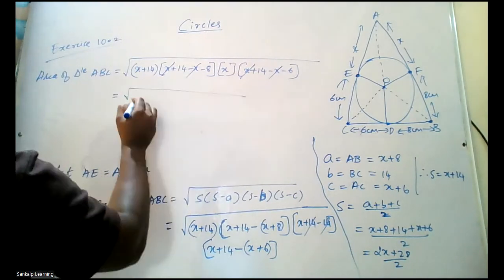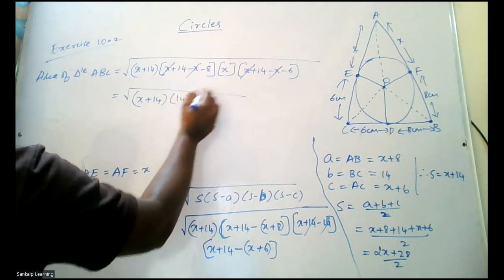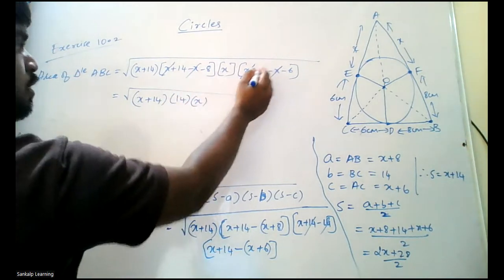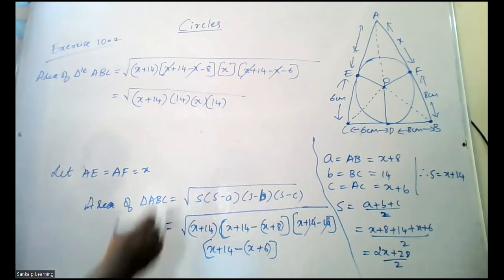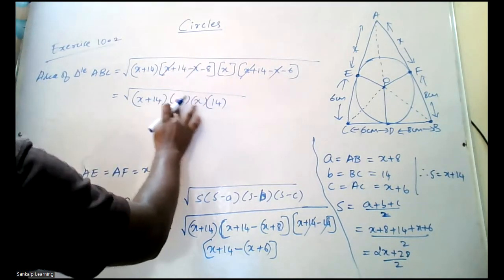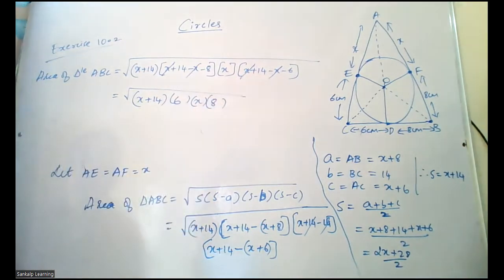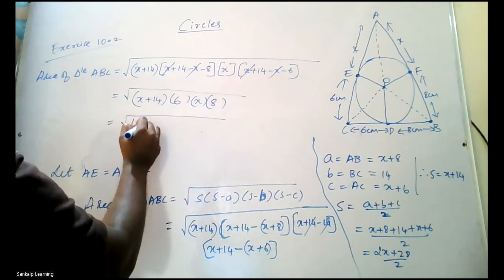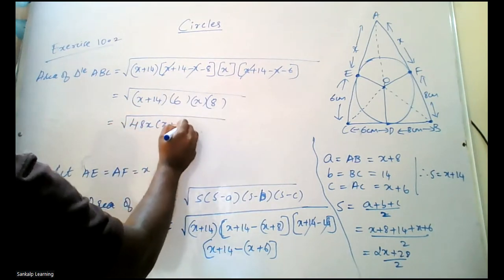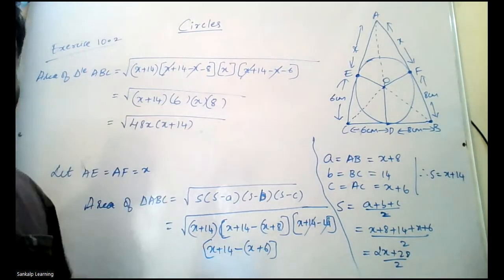What you're left with is x plus 14. Here 14 minus 8 is 6. Here 14 minus 6 is 8. So 6 times 8 is 48. So it becomes root of 48x into x plus 14. Let's keep this as it is.